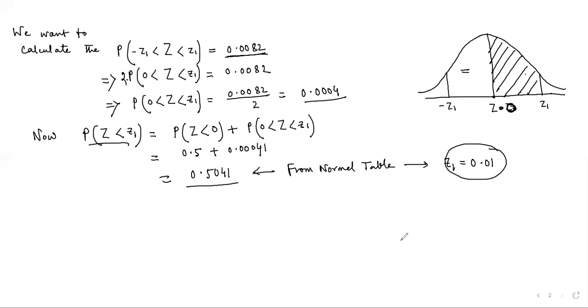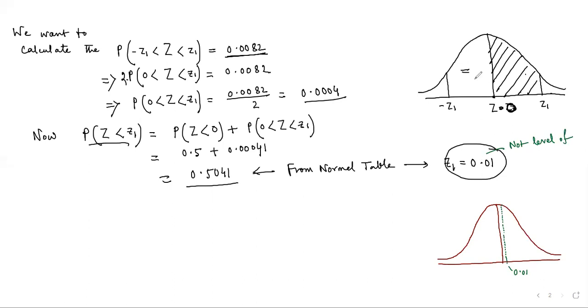So what does this mean? If you can select your sample in such a manner that your calculated value of z comes out to be 0.01. Remember, this particular 0.01 is not the level of significance.